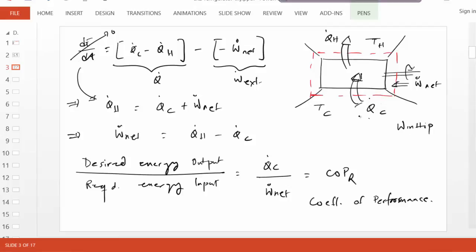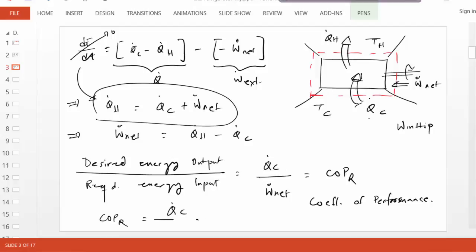So Q dot C is our desired heat transfer. Tc is the desired temperature of the cold place, and Th is typically the atmospheric temperature. And W dot net is our required input. So if I use the analysis of the energy equation in the definition of COP, then we get the COP of a refrigeration system as Q dot C over W dot net, and we can substitute W dot net as Q dot H minus Q dot C. So this becomes an easier definition.